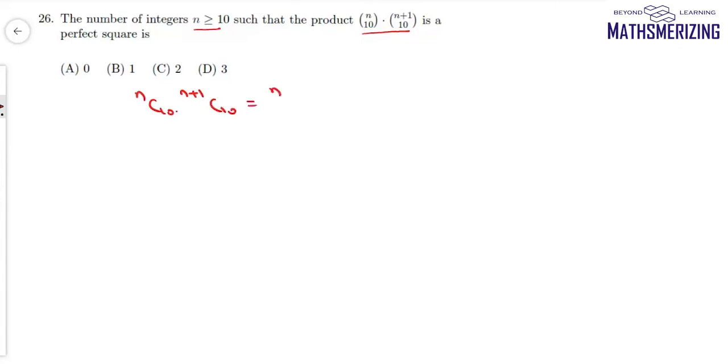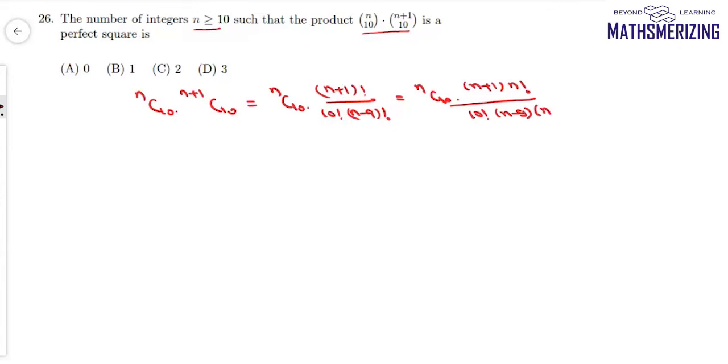So this is nC10, and n plus 1 C10 we can write as factorial n plus 1, factorial 10 and factorial n minus 9. I can also write it as nC10, and this is n plus 1 into factorial n, factorial 10, and this is n minus 9 into factorial n minus 10.